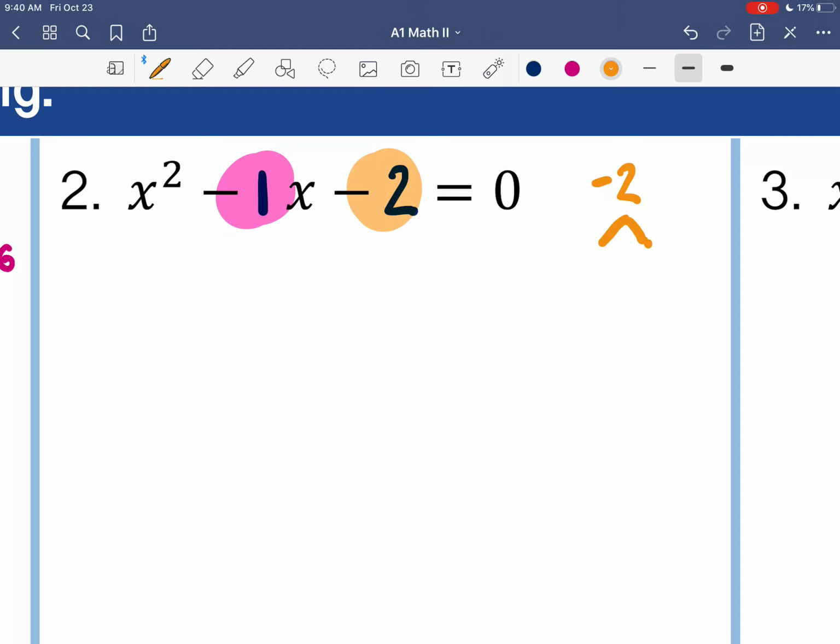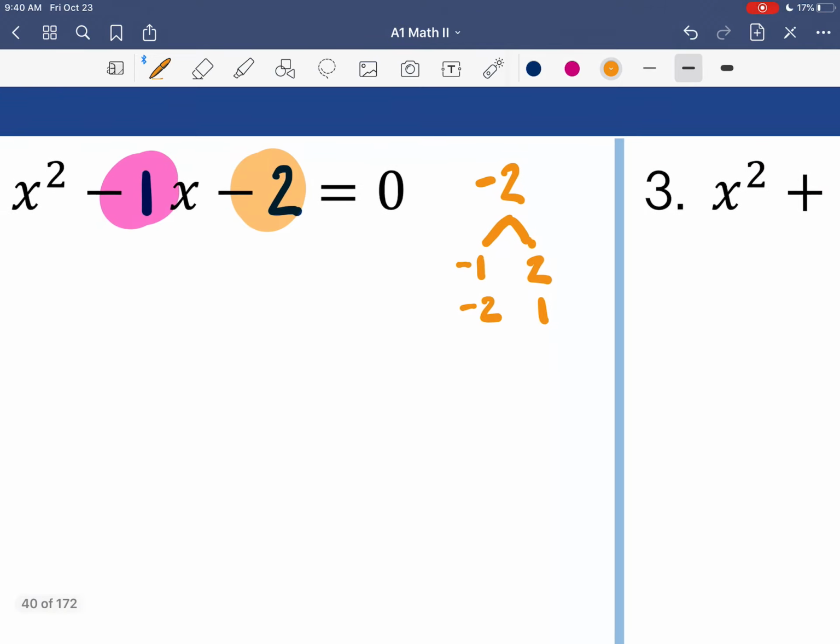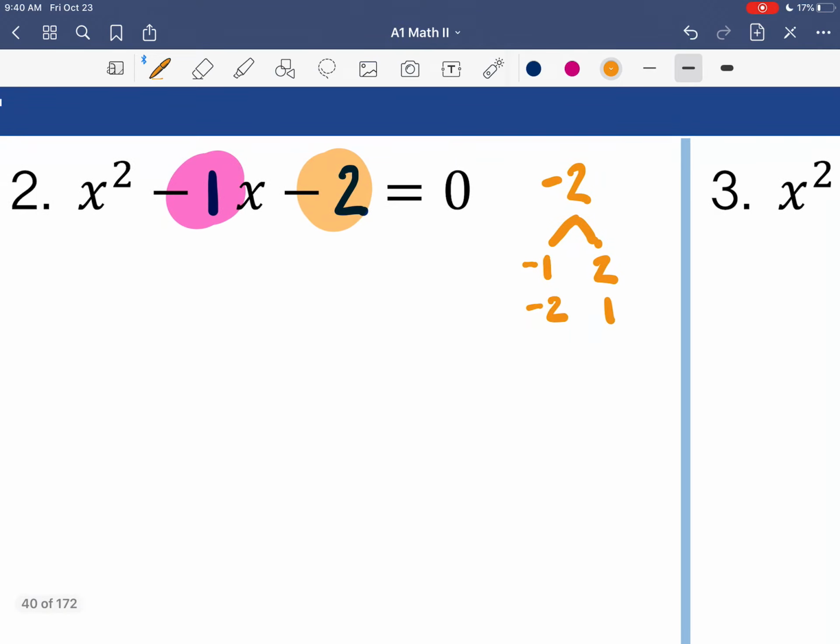So we end up actually subtracting. So -2 can be -1 times 2, or -2 times 1. Once we have a negative value, we have double the number of pairs, because it doesn't matter where the negative is.